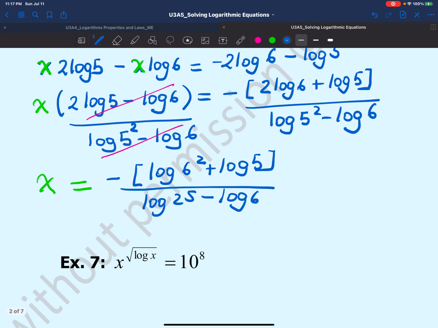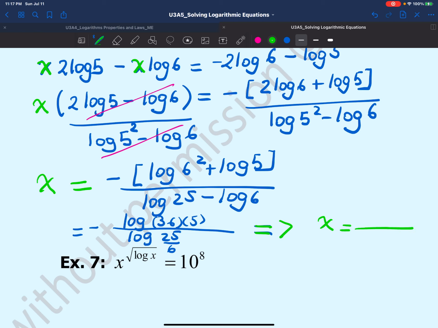We'll continue simplifying a bit more. So we have negative fraction: log of 36 times 5 and log of 25 divided by 6. So we'll say that x equals negative, 36 times 5, that's 180, so log of 180, divided by log of 25 over 6, and we'll leave it in this form for now.